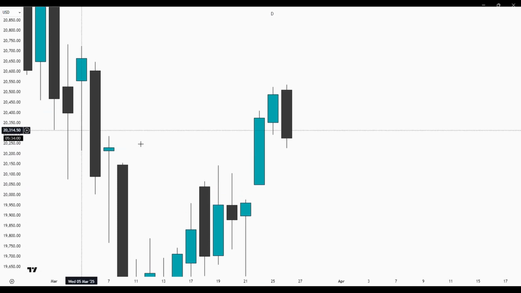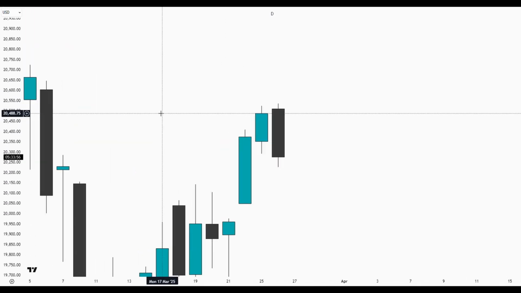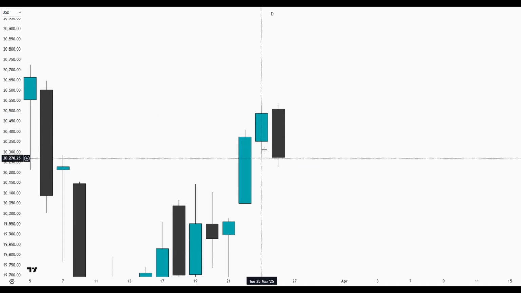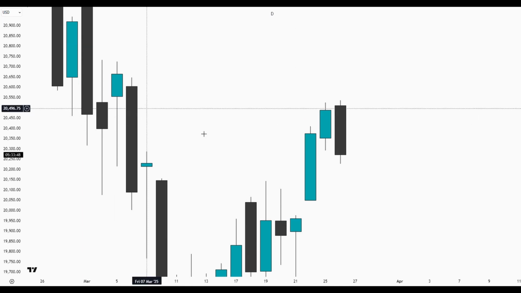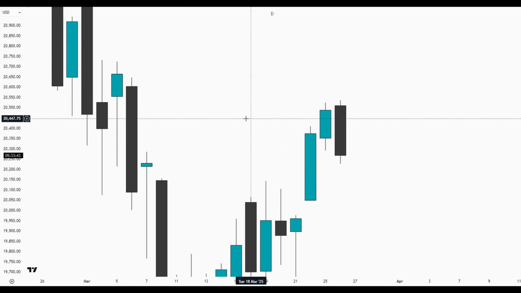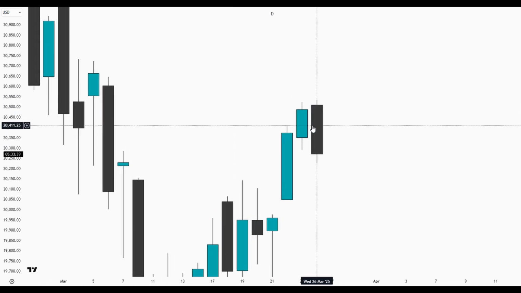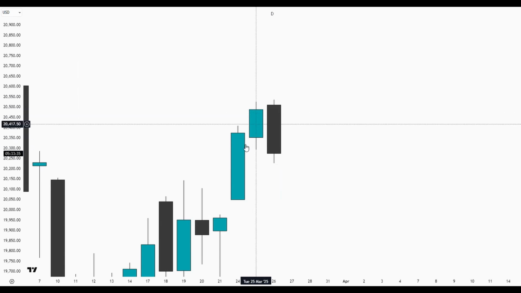So, like any day, we want to get started on the daily to give us a better scope about what price did the previous day, and we can look to the left and see if any confluences can help us decide what price is going to do in the day we're going to trade. So, look in here, this candle not included, previous day expanded, Monday expanded, and Tuesday expanded.